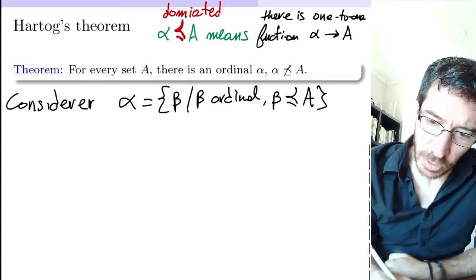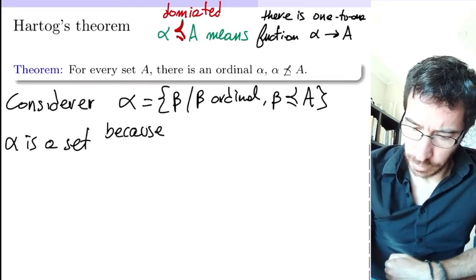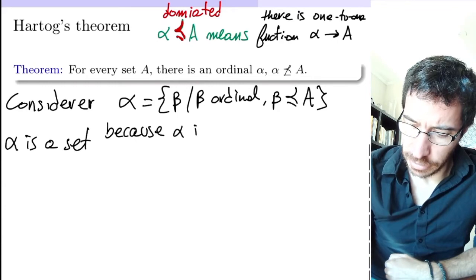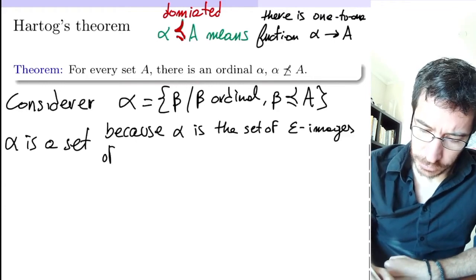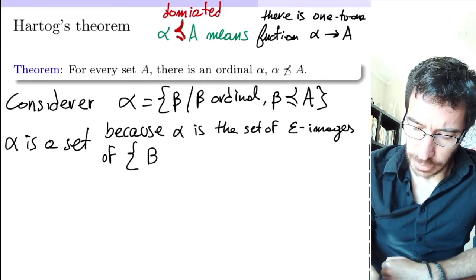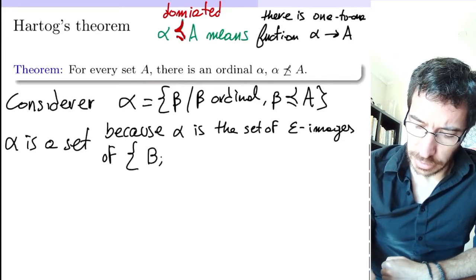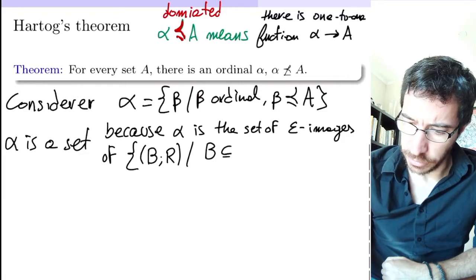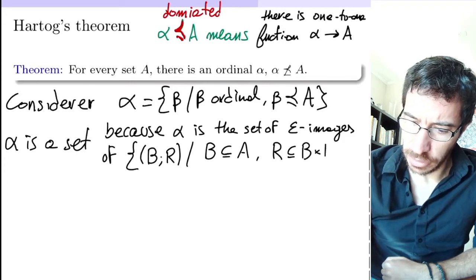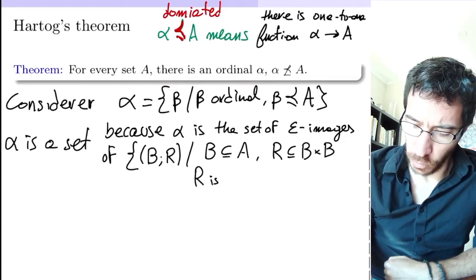Well, I claim the following. We claim there is a set because alpha is the set of epsilon images of the following set: B, comma R, such that B is a subset of A, R is a subset of B cross B, and R is well-ordered.